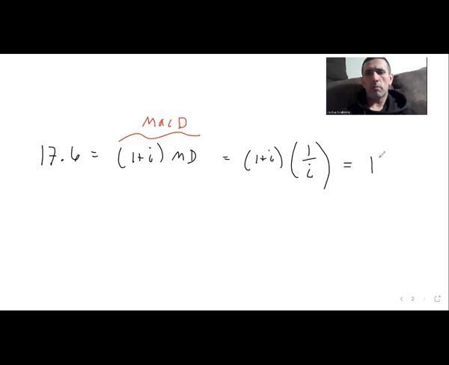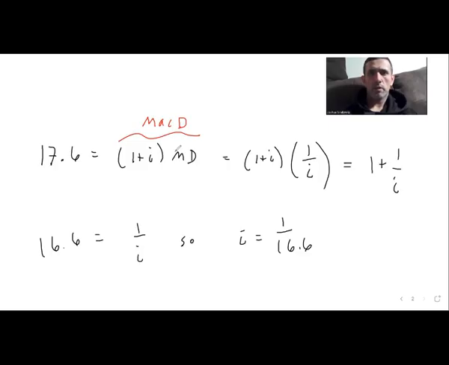This is 1 plus 1 over I. So 16.6 is 1 over I. So I is 1 over 16.6.